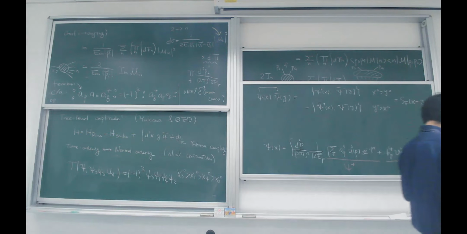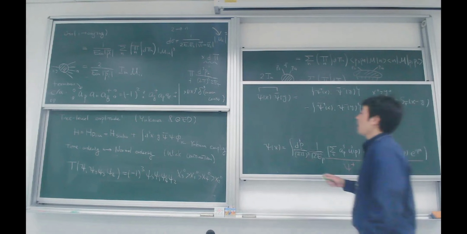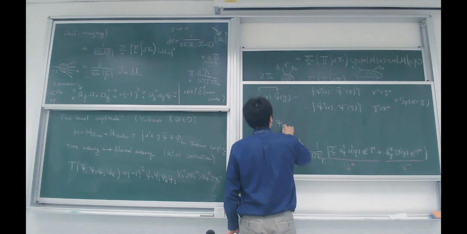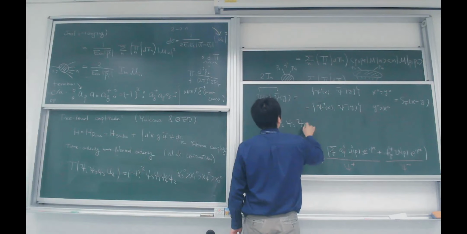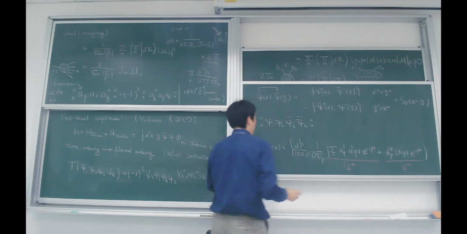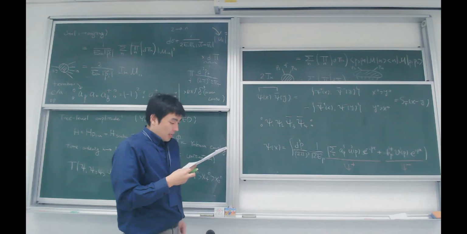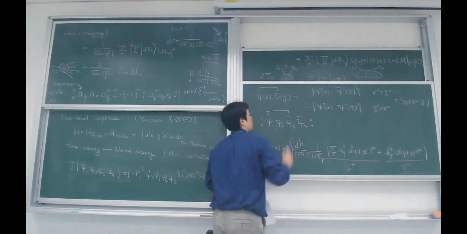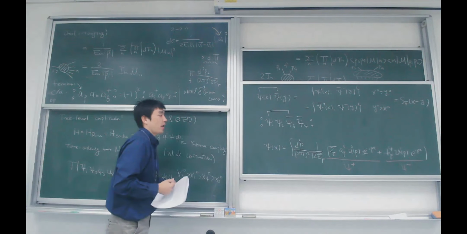Okay. So therefore, if you have normal ordering, psi 1, psi 2, psi 3, and psi 4, and then you want to take a weak contraction like this way, in scalar theory.